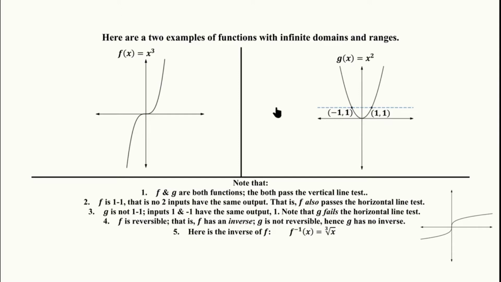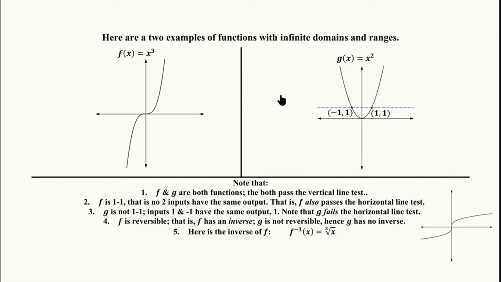And notice that they both pass what we used to call the vertical line test in algebra, which basically means if you look at either graph, there is no vertical line that's going to cross it more than once. So what that means is that no input element, which we depict using x elements from the x-axis, is going to be associated with two outputs.